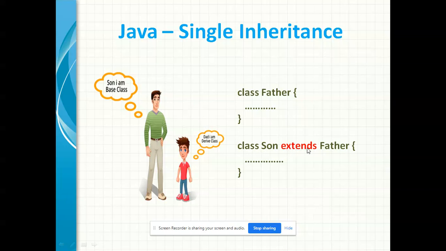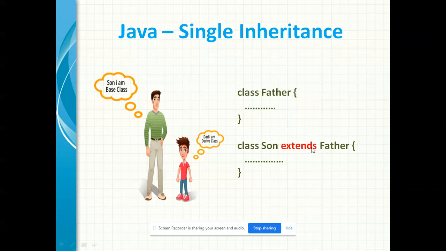How to write inheritance in Java? We will be using the keyword extends. You can look at the syntax. I have a class Father, and let us assume that inside class Father I have some functionality. Now inside the Son class I need the father's functionality, so I will go for inheritance.